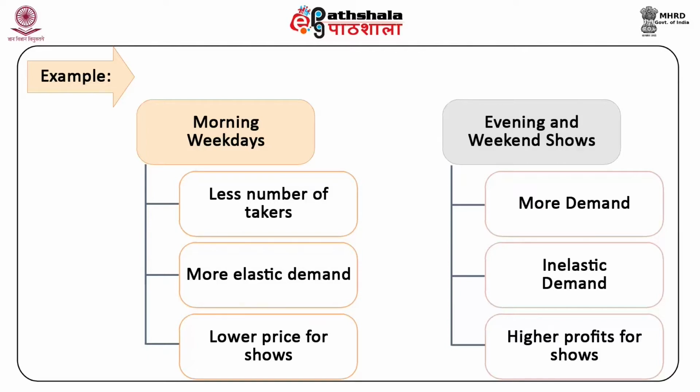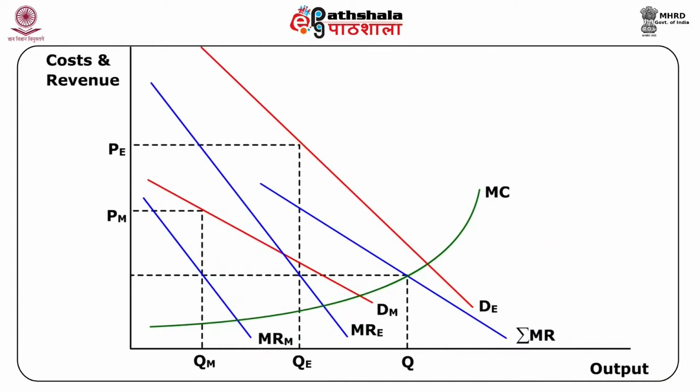Through this kind of an arrangement, the movie theater allows consumers to decide how much they are willing to pay to view the movie at different points in time. Figure 2 illustrates this scenario. DE and DM represent the demand curves of the evening and weekend and morning weekday moviegoers respectively.